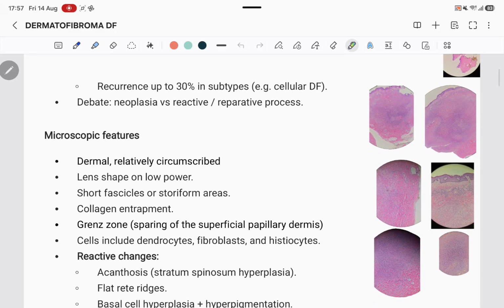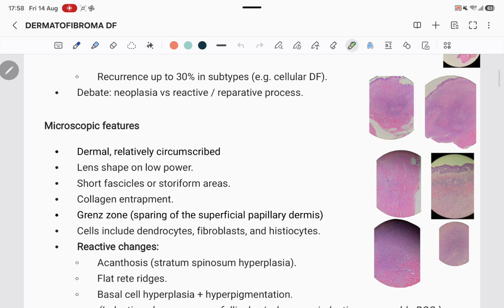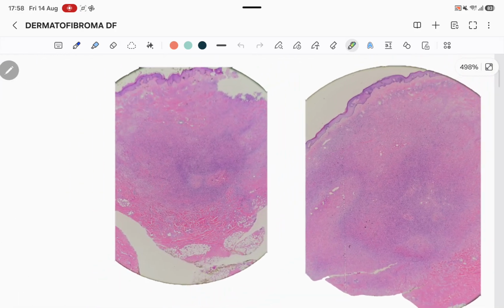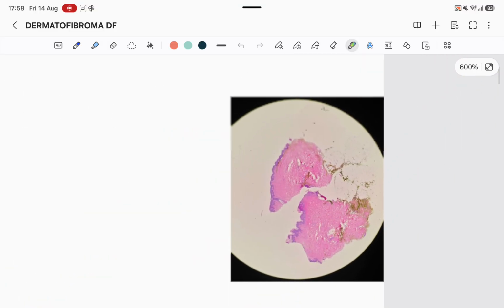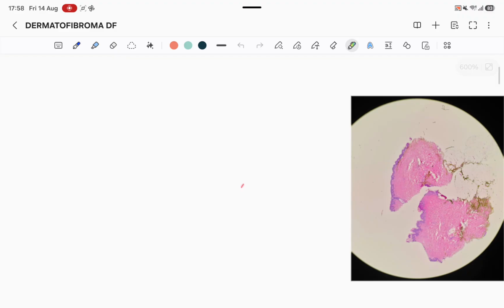All right, so let's look at the microscopic features. I've got one case here, and as you can see, this is the ellipse. So let me do a better ellipse.